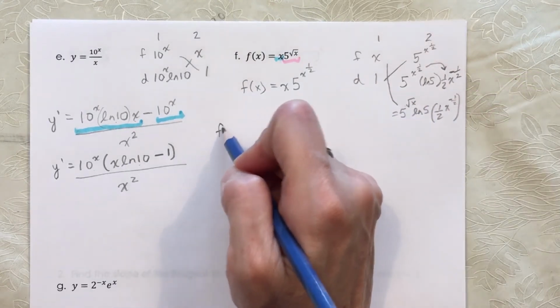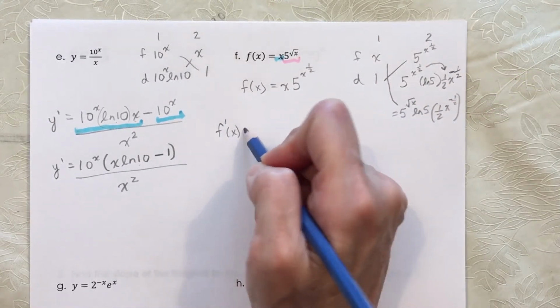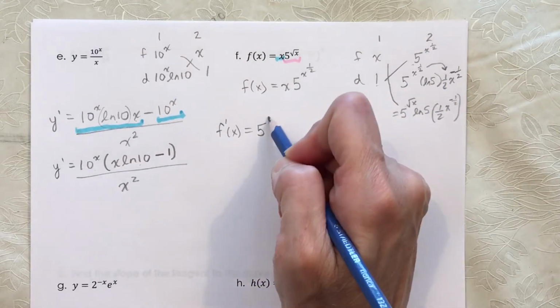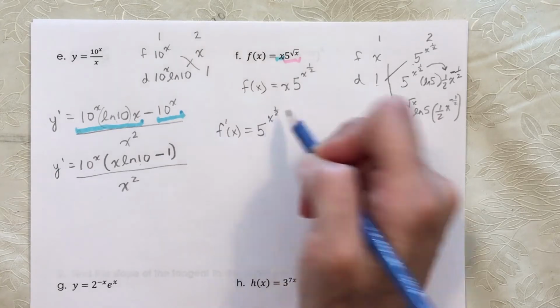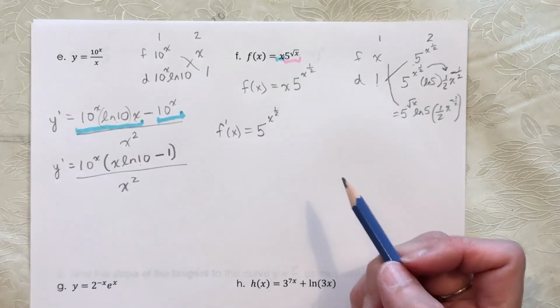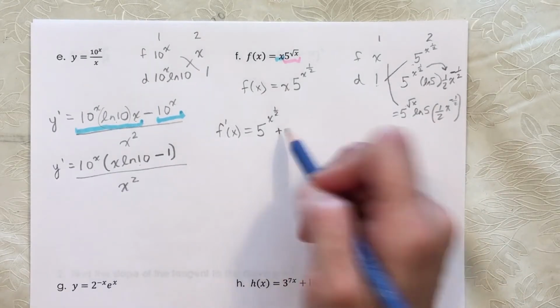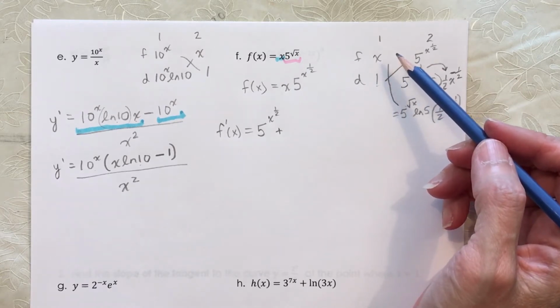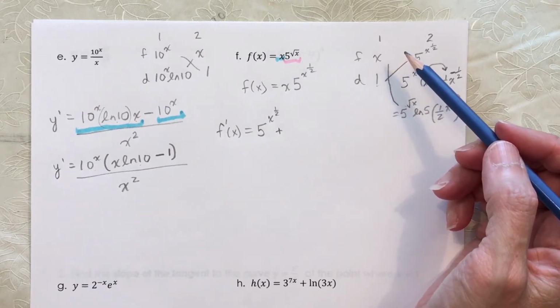All right, so f prime of x then. Derivative of the first times the second, so that just gives me 5 to the x to the half. And then this is product rule, so it's plus the first times the derivative of the second.